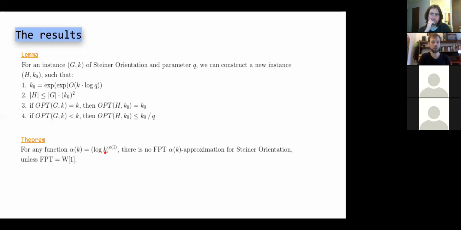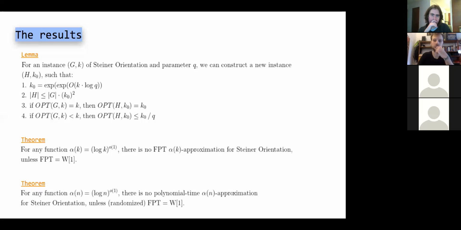So if we could approximate this problem with this ratio, then FPT would equal W1. But there is another maybe surprising corollary: if you consider not FPT algorithms, but purely polynomial time algorithms, then you can improve this upper bound to be like log n to the small o of 1, not log k, because you can use this lemma in a slightly different way by treating the parameter k as some very slowly increasing function of n.